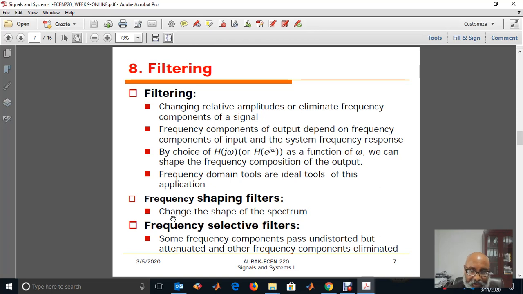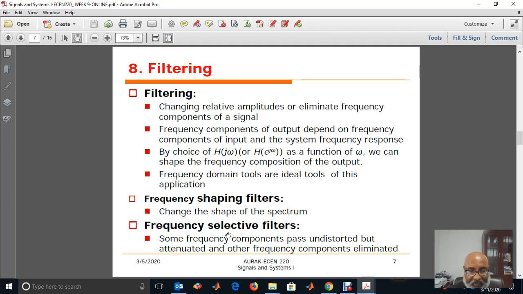The frequency shaping filters change the shape of the input spectrum. So that means for each input frequency, we'll have an output frequency, but with different gain, with different amplitude. So the amplitude of the input frequency may be changed, and it comes out of the system with a different amplitude, which gives a different shape.